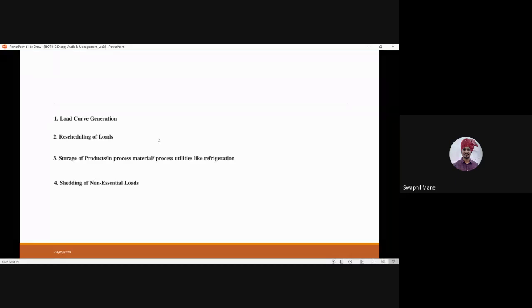Yes or no? So these are small actions, I told you, actions relate to impact, right? These small actions or behavioral changes should be inculcated in the organization so that they result in energy conservation.